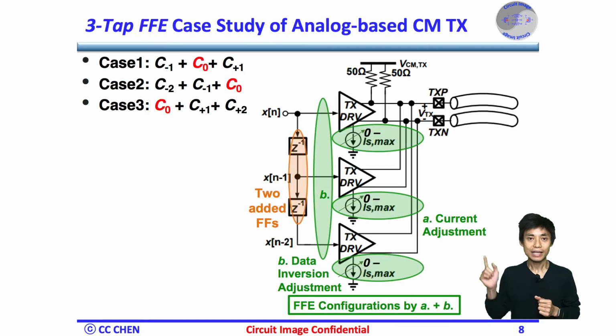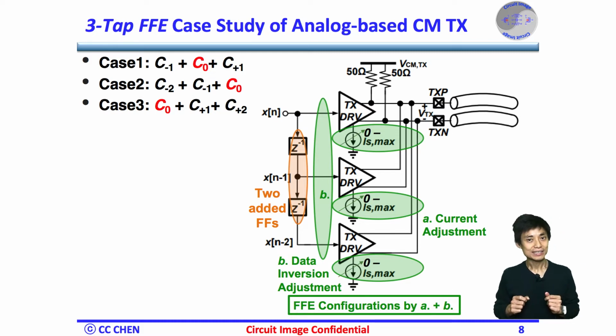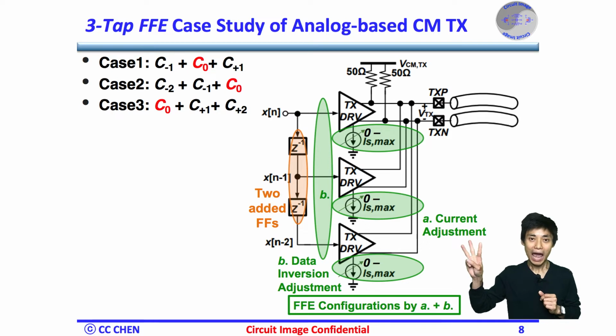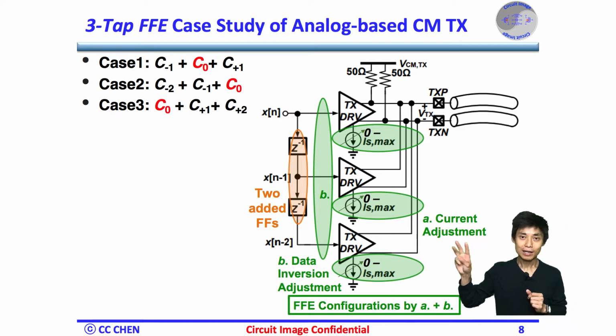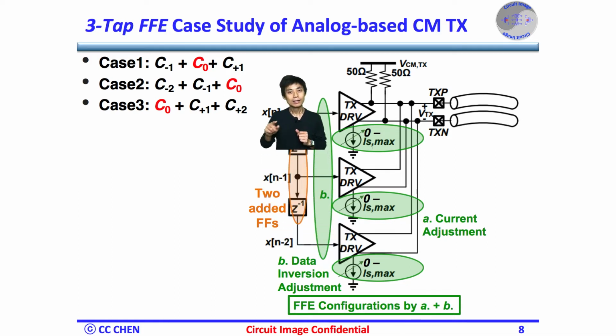After knowing the DAC-based might not always be better than the analog-based TX, let's look at another case study of an analog-based current mode TX driver with a 3-tap FFE implementation. With the 3 taps over 2 added delay flip-flops, the FFE configuration is still very flexible.